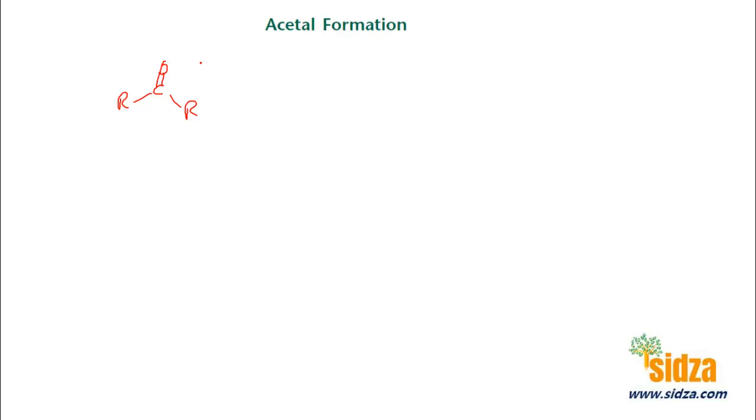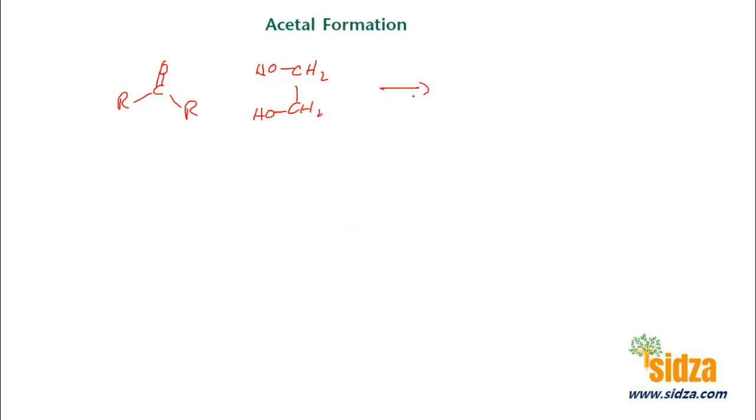If you have a dihydric alcohol, you have a carbon like this, a CH2 group, and it has an oxygen OH here. So ketones actually react with dihydric alcohols, and they produce a cyclic ketal, right?